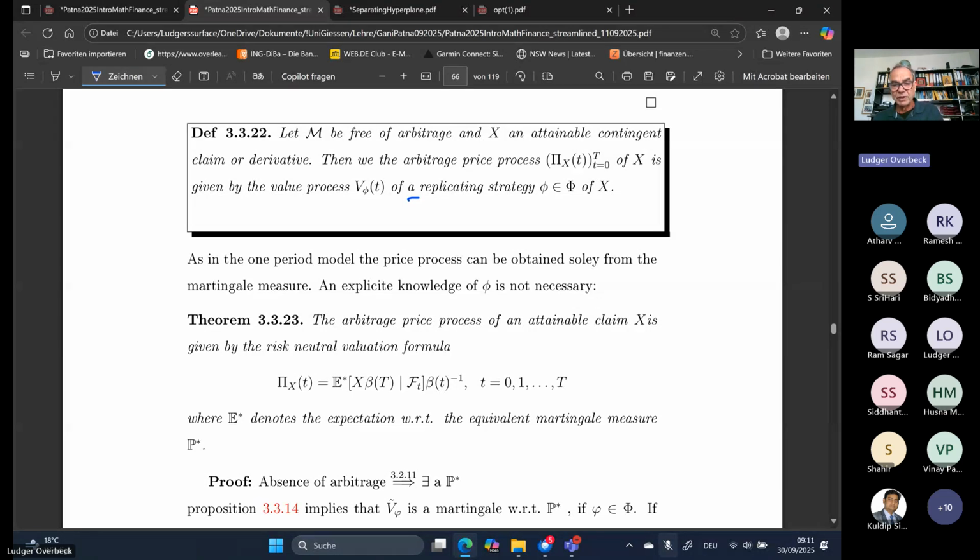As in the one-period model, to get this price you don't need the replicating strategy. You just take the expectation of the discounted payout. For this discounting, we had to assume that it's deterministic.